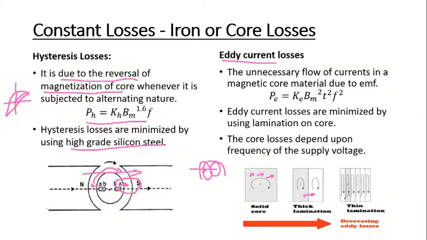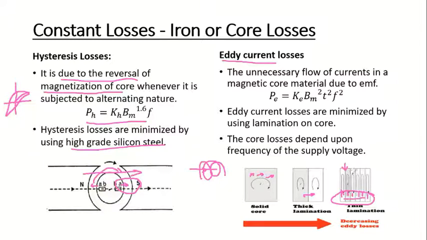If you see this one, this is thin lamination. Here is one current, this is another current, and this is a fourth, fifth, sixth current. There is no interaction between any currents here. Hence, the currents produced in the core will circulate within themselves only. They will not influence any other coil or any other matter, because here we are laminated.